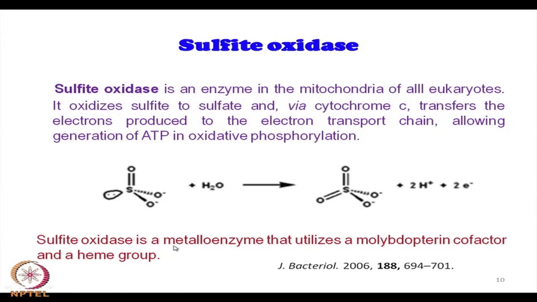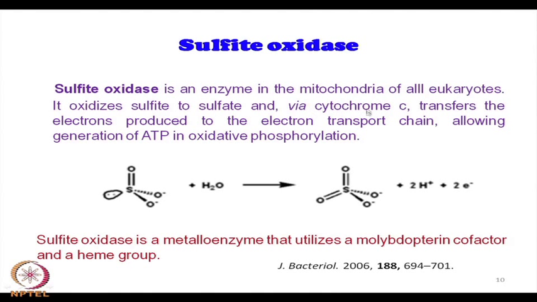It is again a molybdenum dependent enzyme, and the same molybdopterin cofactor is utilized for this reaction. Now, what is not there in the dimethyl sulfoxide type of molybdenum enzyme is that a heme group is required here. Where is the heme group?